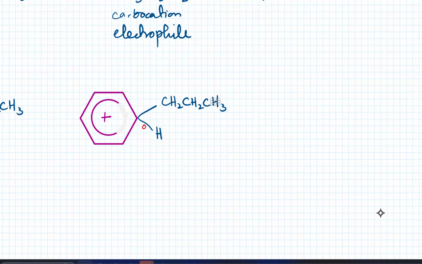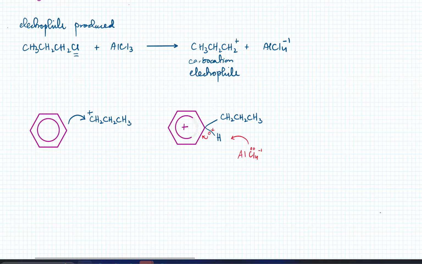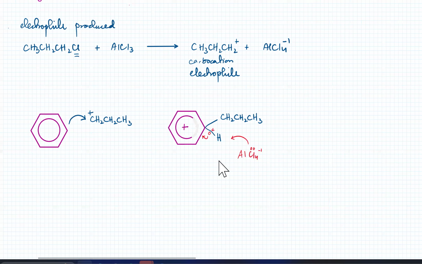The H is the one that would lose electrons. And where will the H go? The AlCl4 minus, with the Cl with its lone pairs, is going to get attracted to the H and HCl will be formed.